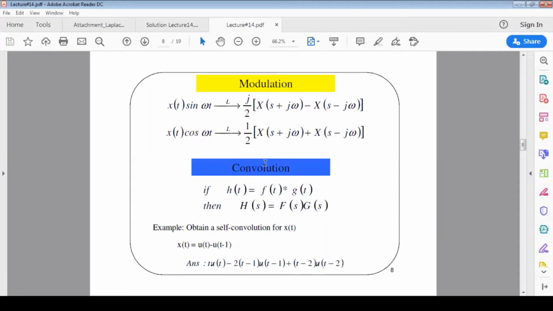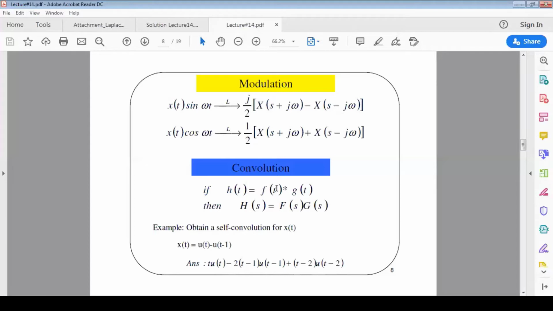Next property is convolution. If we have in time domain h(t) equals f(t) convolved with g(t), this is the symbol of convolution. In Laplace transformation, h(t) is transformed to H(s), and this convolution operation in time domain will be transformed into just a multiplication in frequency domain.